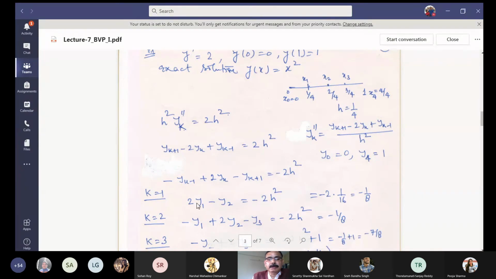So with k equal to 1, this becomes 2y1 minus y2 equal to minus 2h square. Put the value h is 1 by 4, so h square is 1 by 16, and minus 2h square becomes minus 1 by 8. Write this as equation 1: 2y1 minus y2 equal to minus 1 by 8.